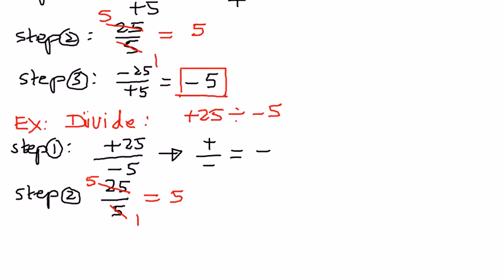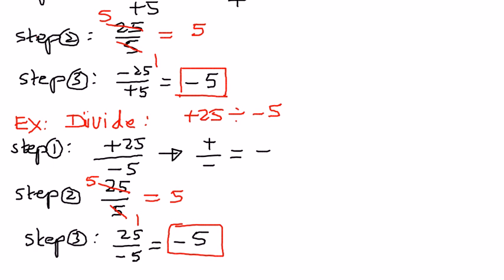And then as the next step, step number 3, we're going to put all of these together and say 25 divided by negative 5 is going to be equal to negative 5. Positive divided by negative is a negative, and 25 goes into 5 times, therefore negative 5 is our answer. That is how we want to simplify these problems.